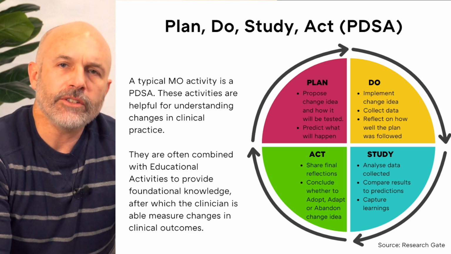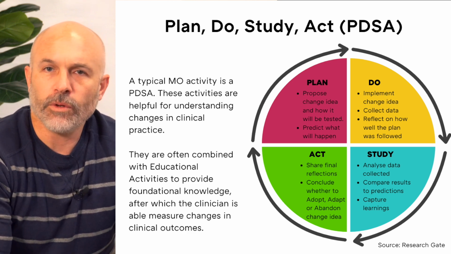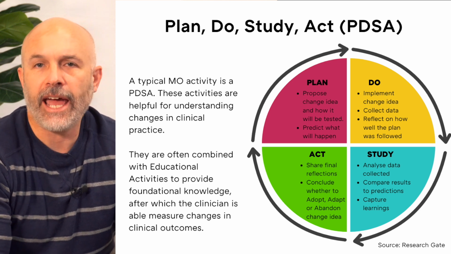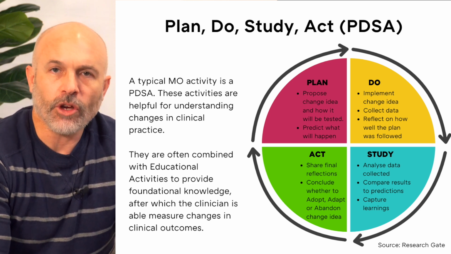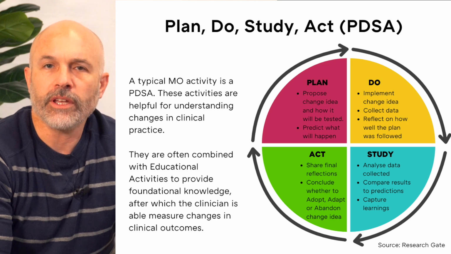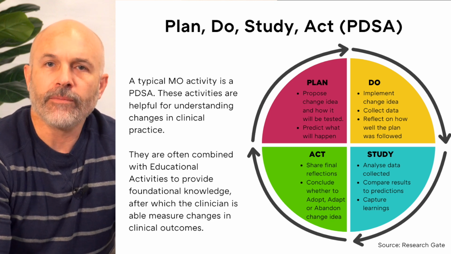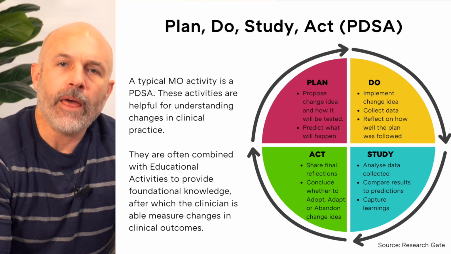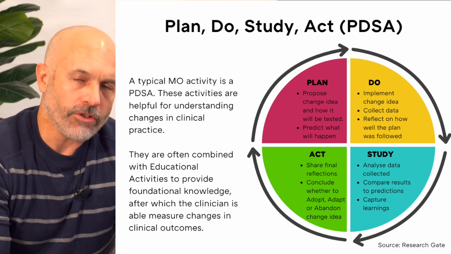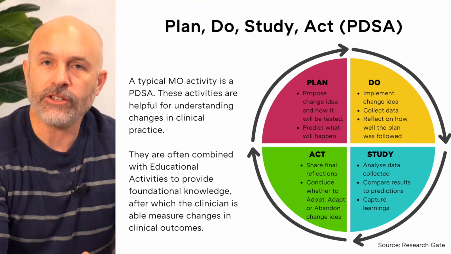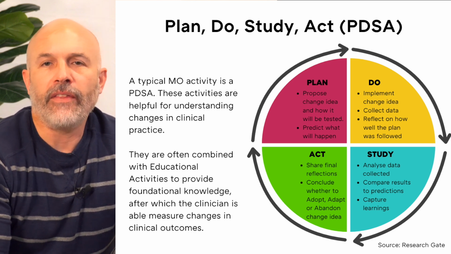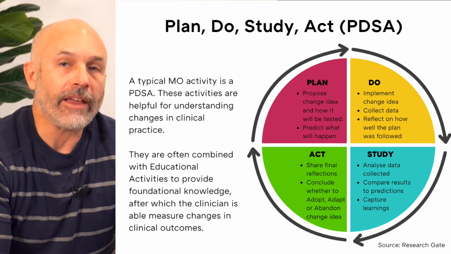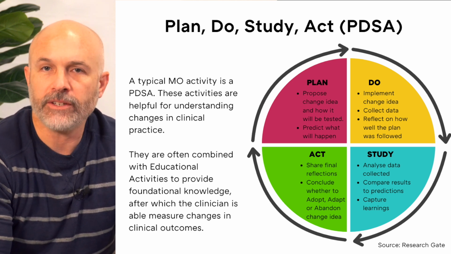If we drill into this example here, it's what's commonly known as PDSA, or plan, do, study and act. And if we start in the top left corner of this quadrant, we can actually start with plan, which is setting out the framework of the activity. This would be where the doctor is looking at the change that they'd like to implement and then following the process. So moving into do is applying that change into their practice.